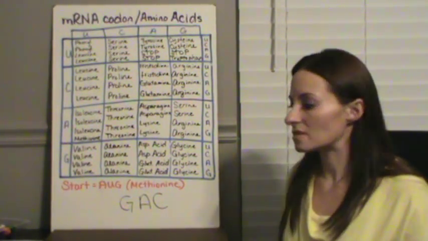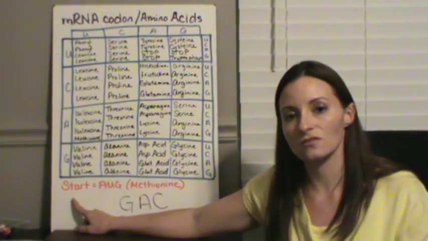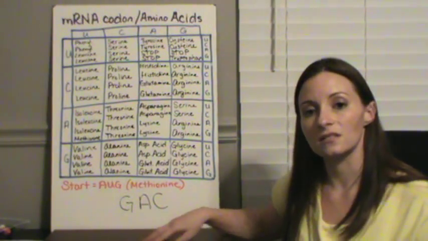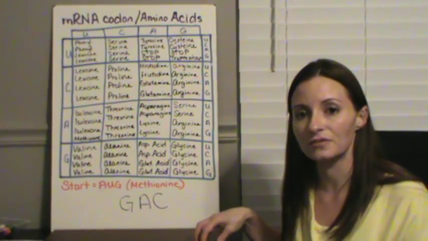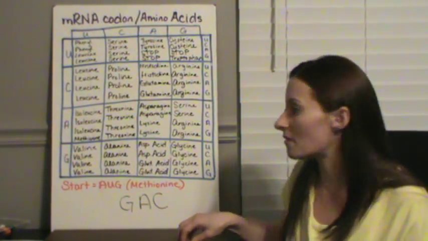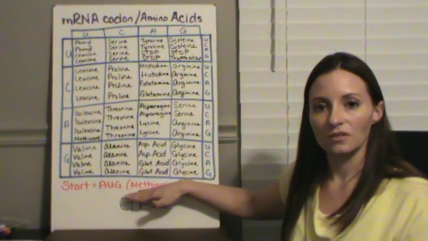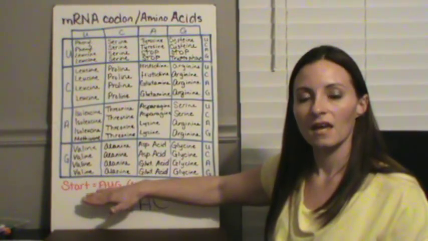The second step is knowing that there's something called a start codon, and there's also something called stop codons. Within our mRNA chain, every protein is going to start with the amino acid methionine. Methionine is coded for by the mRNA strand AUG.